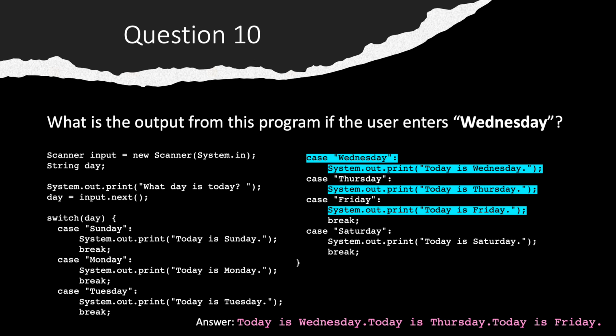However, in the case Wednesday, it does not have a break statement, so it will continue with the next statements within the next cases, which are today is Thursday and then today is Friday. The next statement is break, so it will break out of the switch case and does not execute the Saturday case. So the final output is today is Wednesday, today is Thursday, today is Friday.